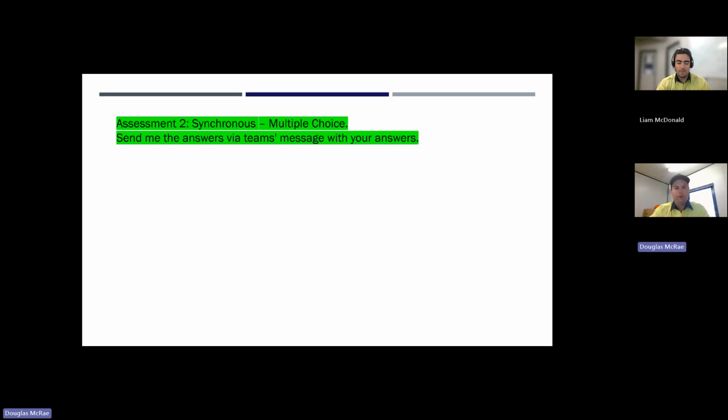Next one is which item may create an electrical hazard at a desk, and I've gone with B, frayed power cords. Correct, that's something to look out for. The last one is which of the following is a potential desk hazard, and I've gone with B, an overloaded power board.